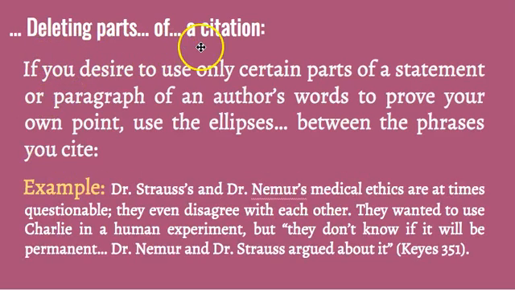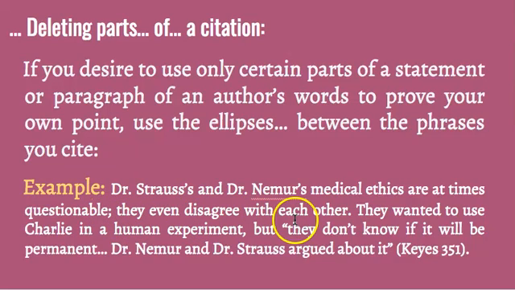Deleting parts of a citation. So sometimes you don't want to copy every single thing. So if you desire to use only certain parts of a statement or paragraph of an author's words to prove your own point, use the ellipses, those are the 3 dots, between the phrases you cite. So for example, there was a long citation. Dr. Strauss's and Dr. Niemer's medical ethics are at times questionable; I like this use of a semicolon here.